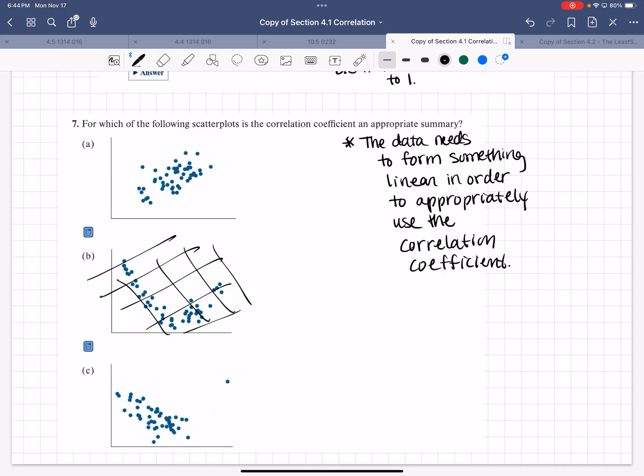I'm going to tell you right now, C is out. Why is C out? What do you see? Who's flung off to the side over there? You got an outlier right here, okay?